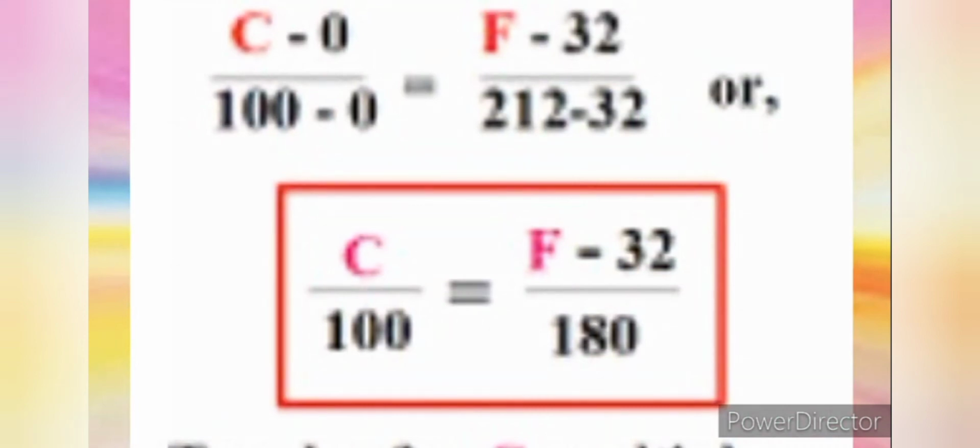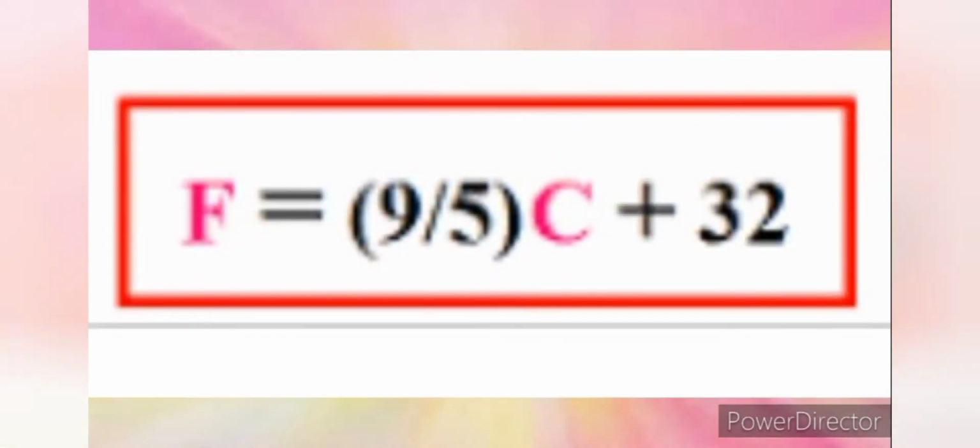(C minus 0) upon 100 is always equal to (F minus 32) upon 180. Or we can say C upon 5 is equal to (F minus 32) divided by 9, where C is the temperature in degree Celsius and F is the temperature in degree Fahrenheit.